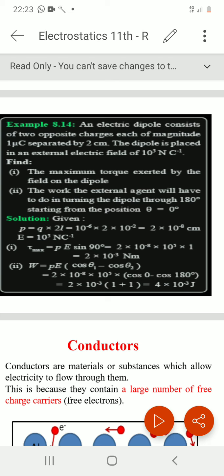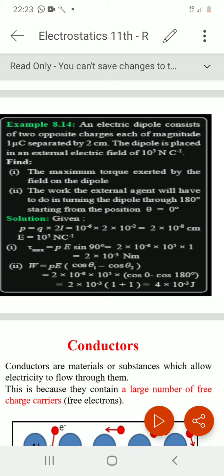If you solve that, you will get electric dipole moment 2 into 10 raised to minus 8 coulomb meter. Next, they are also given an electric field of 10 raised to 5 Newton per coulomb. So we have E is equal to 10 raised to 5 Newton per coulomb.